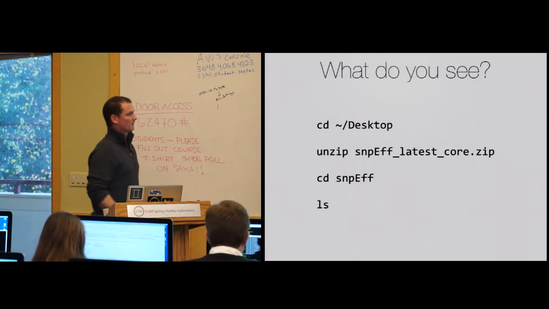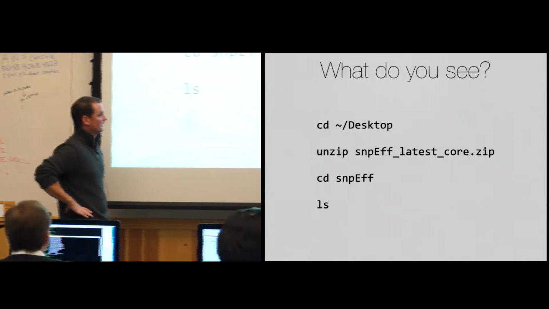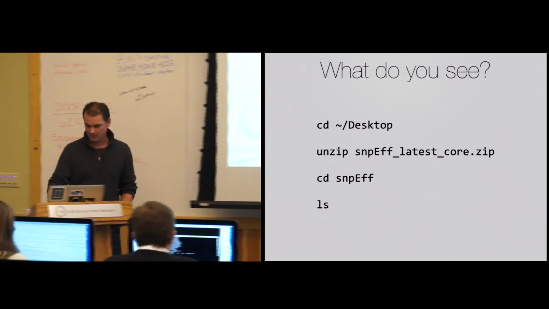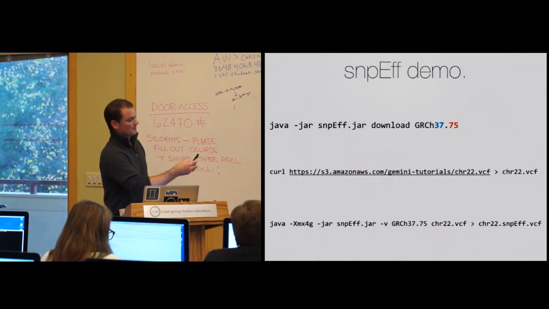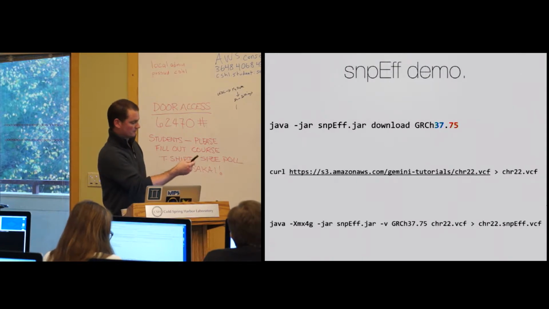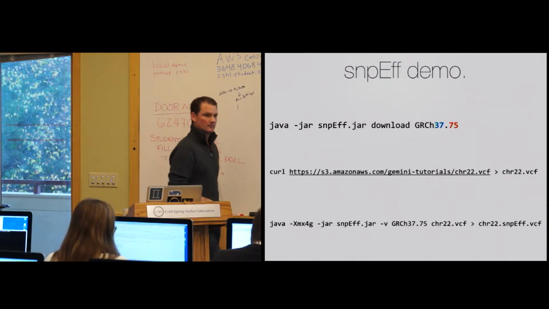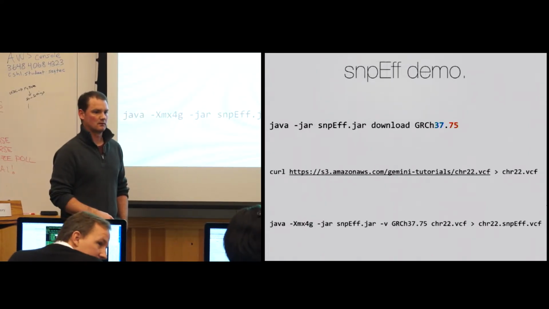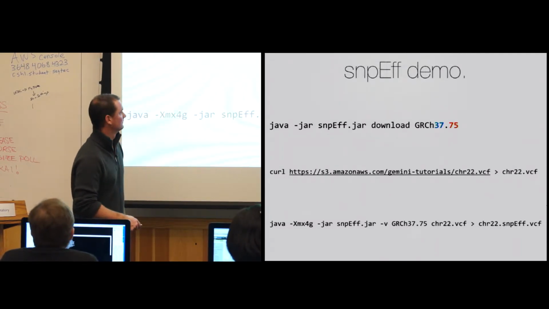Once you're in there, if you ls to list the contents of that directory, you should see a bunch of files, primarily one called snpEff.jar. For people who don't know how to get to the desktop, if you just type cd, you can drag the folder right into terminal, and that'll automatically put in the right path. Cool.